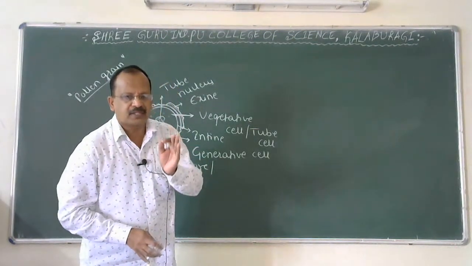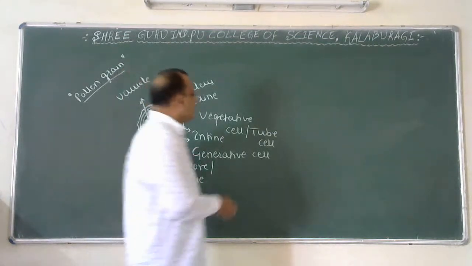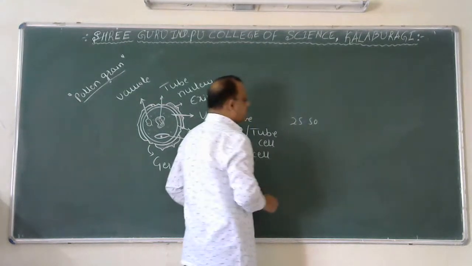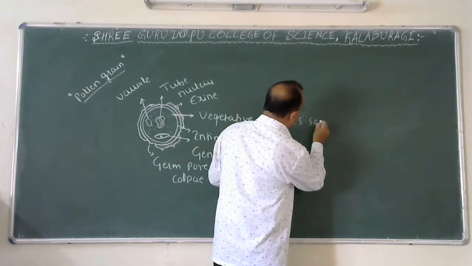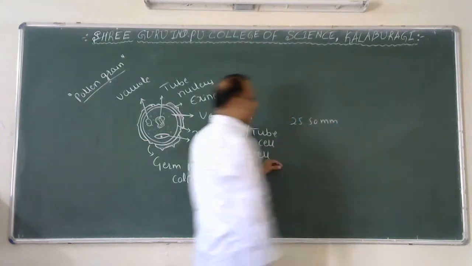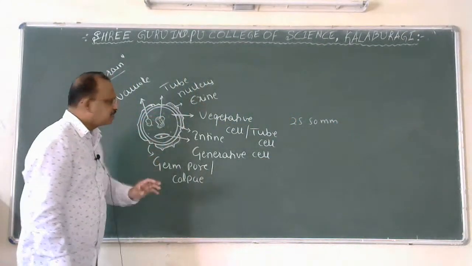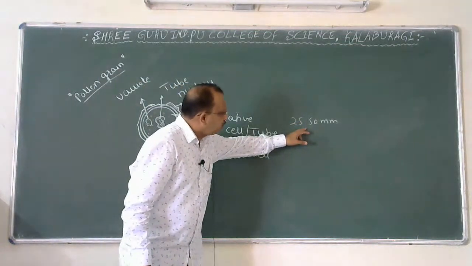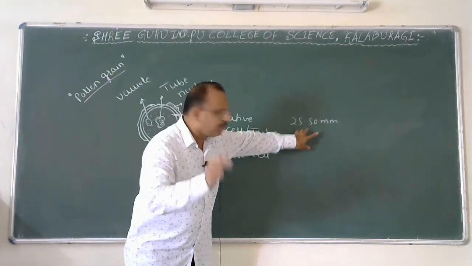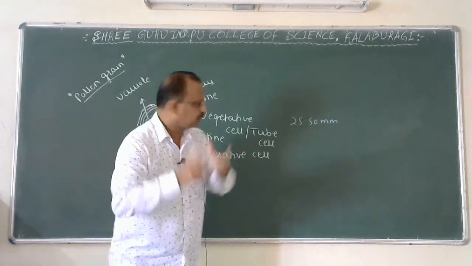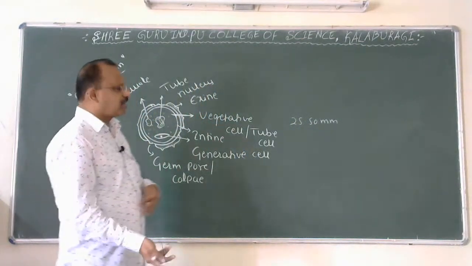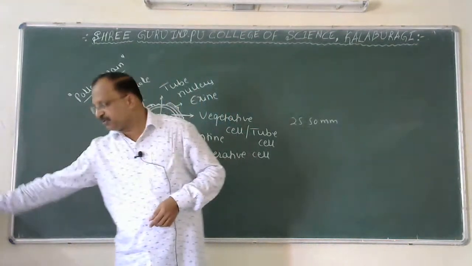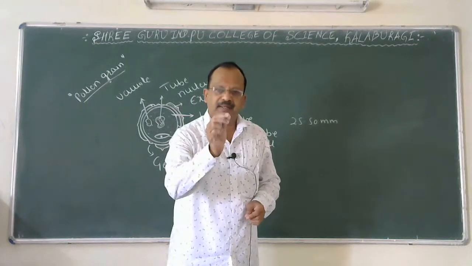Pollen grains are spherical in shape, measuring around 25 to 50 micrometers in diameter. So take care of the lining.